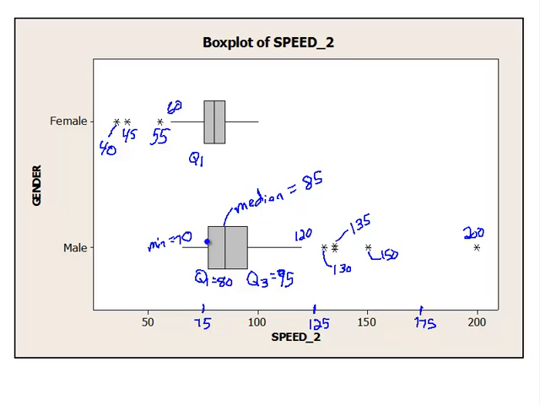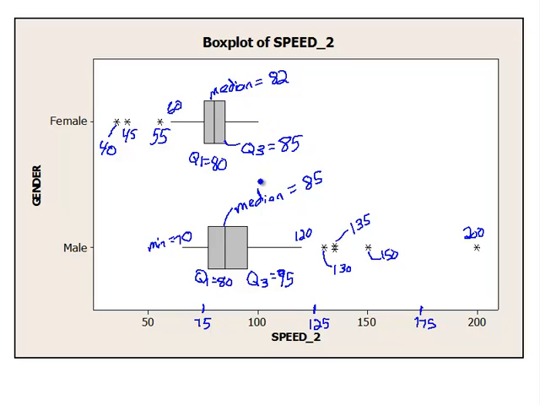Q1 looks like it's about the same as Q1 for the males, 80. The median looks like about 82, maybe 83. Q3 looks like about the same as the median for males, 85.